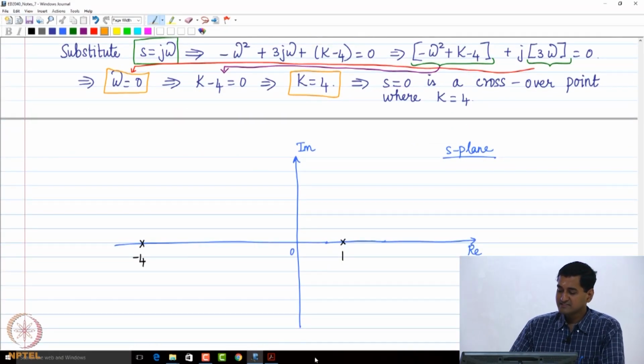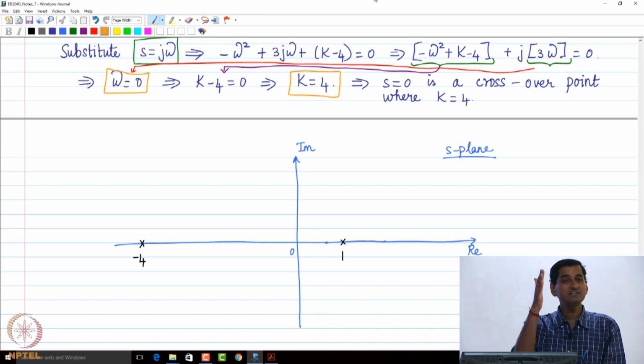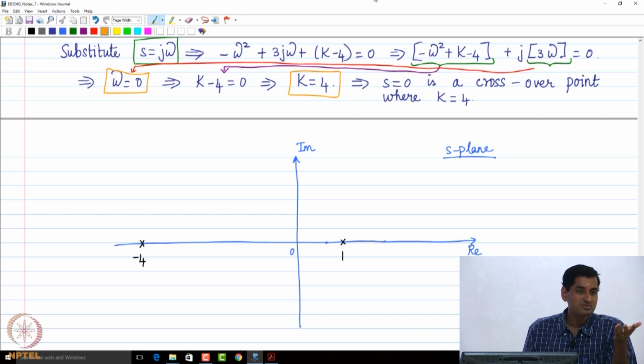So that's step 6. Is it clear what is meant by a crossover point and how we calculate them? And why are we interested in crossover points? Because a crossover point indicates when I am transitioning from one half plane to another. That's very important for stability, because I have to design my closed loop system such that I choose only those values of k which would stabilize my closed loop system.